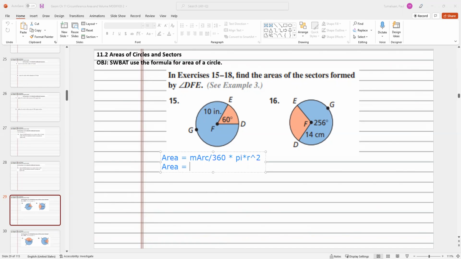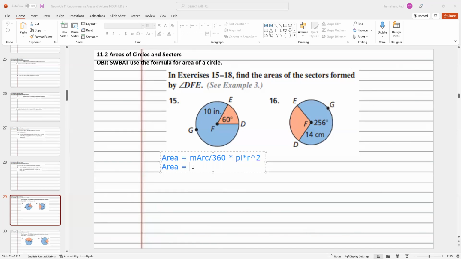So the measure of the arc here is the measure of ED. We're just going to find the pink section. If you want to find the blue section, I'll show you that later. But for the breakout room purposes, we're just finding the pink section.